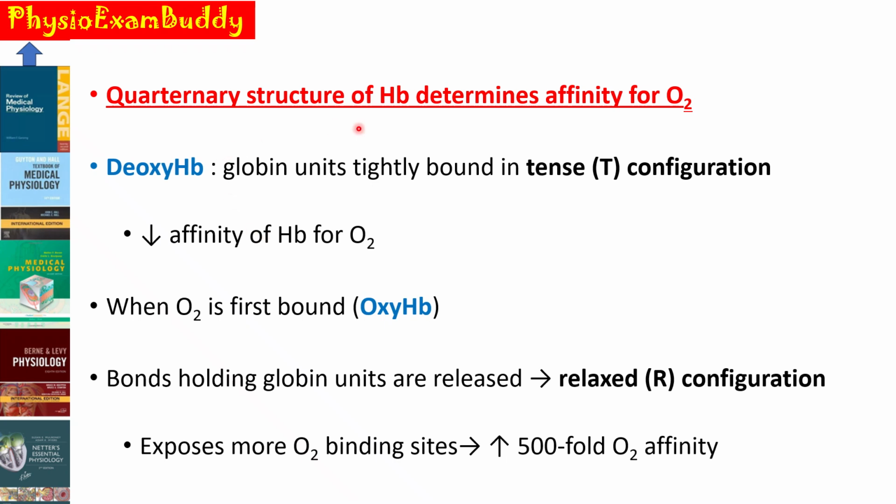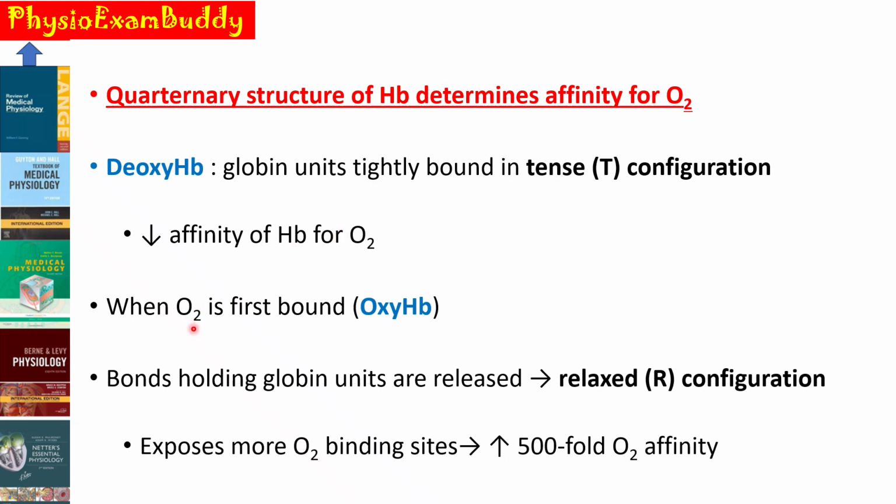The quaternary structure of the hemoglobin determines its affinity for oxygen. In deoxyhemoglobin, the globin units are tightly bound, that is, in the tense configuration or T configuration. This will reduce the affinity of the molecule for oxygen.